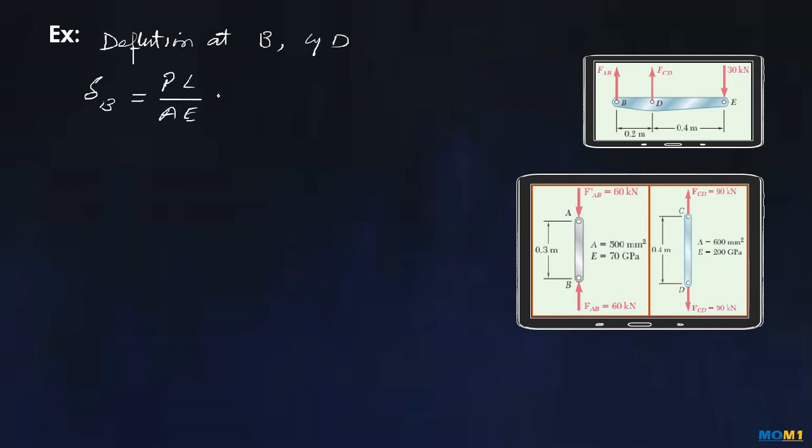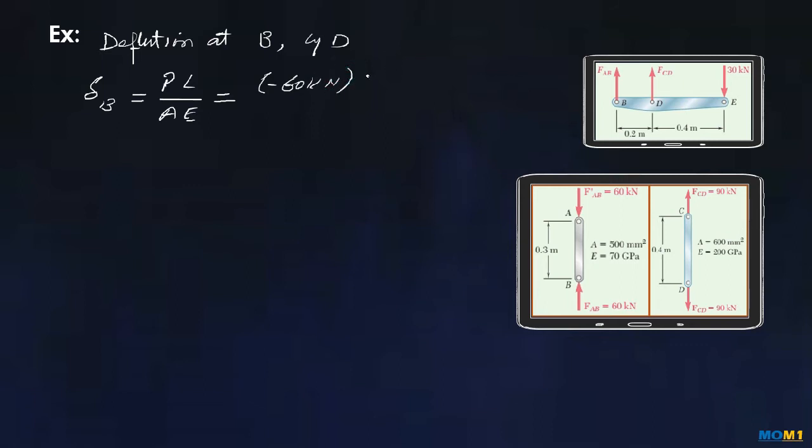Now we have already discussed that the force we have just calculated, the force in link B, is minus 60 kilonewton.